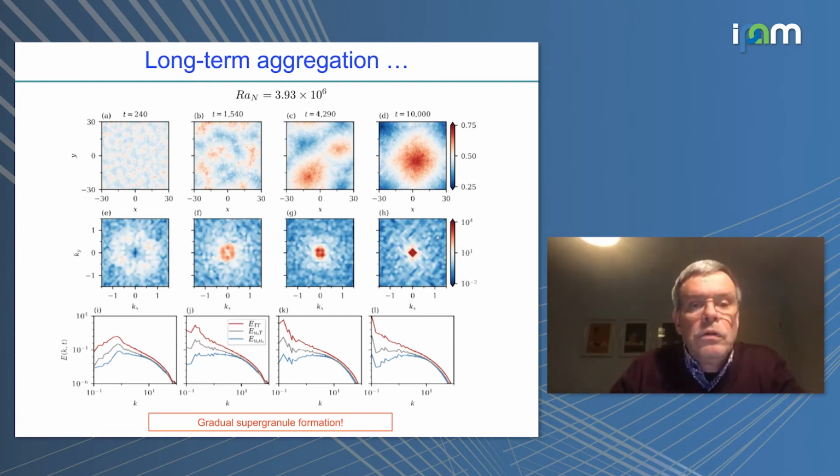In the middle row, you see the corresponding Fourier spectra, which we have taken in the planes where the pictures in the top row are shown. And also there you see that the Fourier modes accumulate magnitude in exactly the 4 minimum wave vectors which are obtainable in this particular setting.